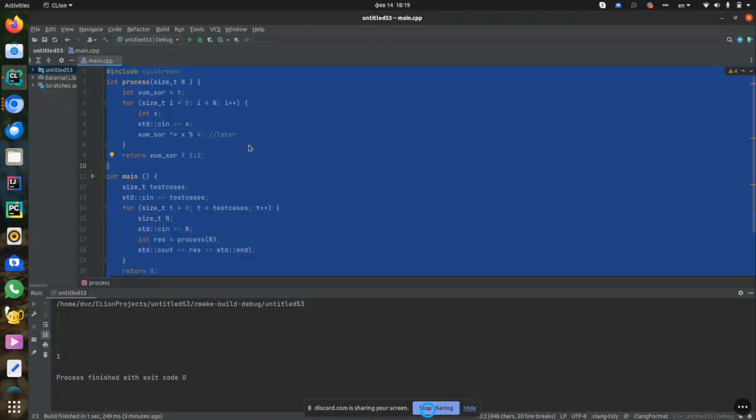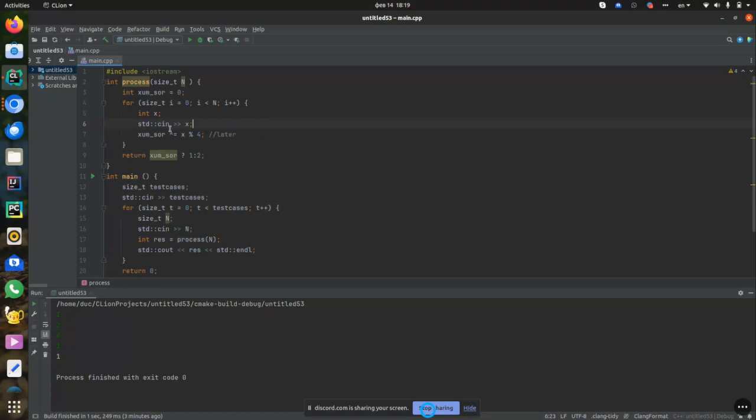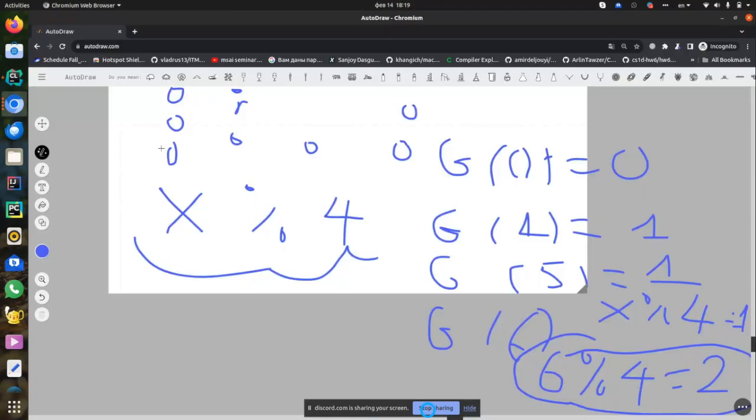So what we are doing here is calculating the Grundy value for 8 bytes. We input 8 bytes here, we calculate the Grundy values, and we store all of this to get the solution. If the final result is positive, then the first player can win.